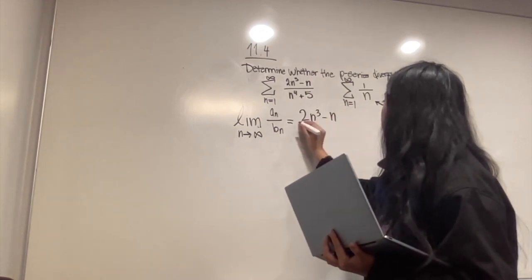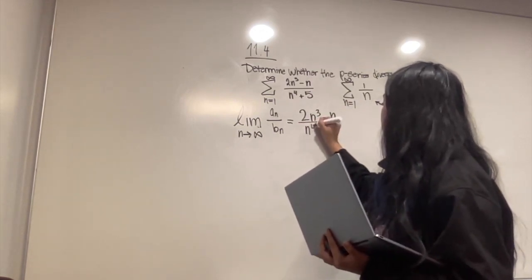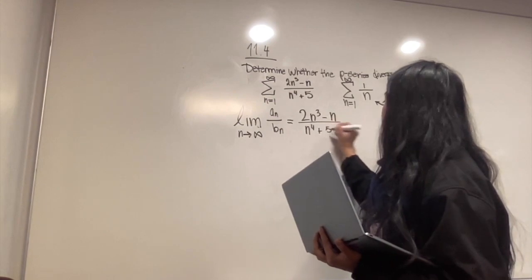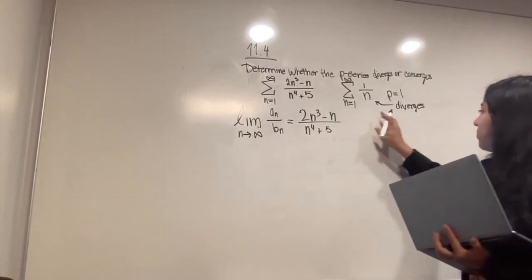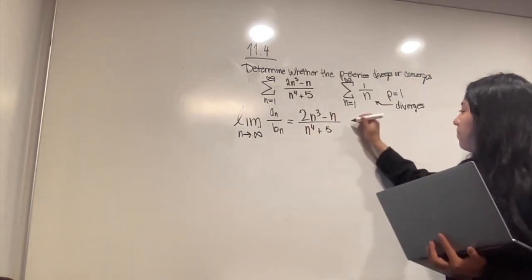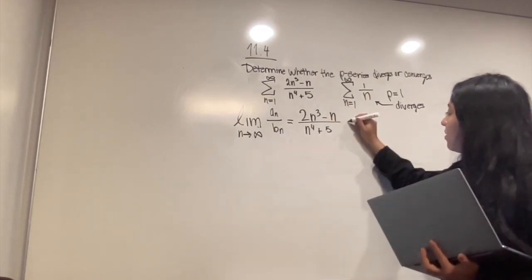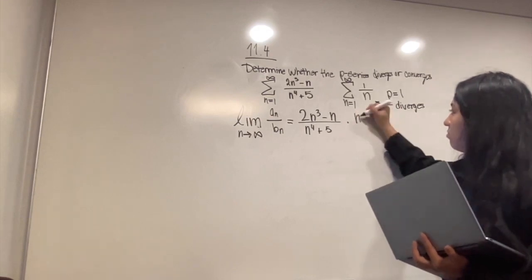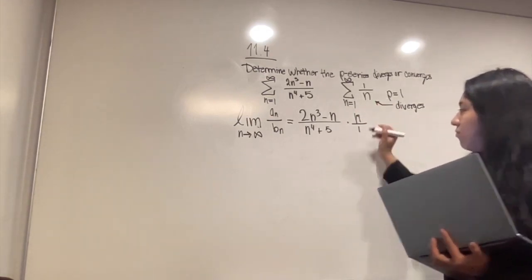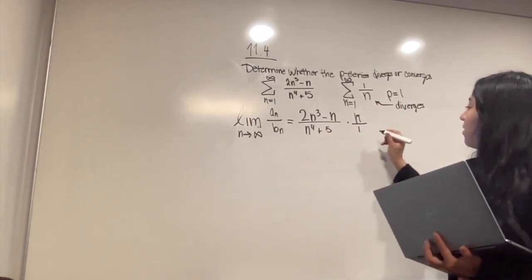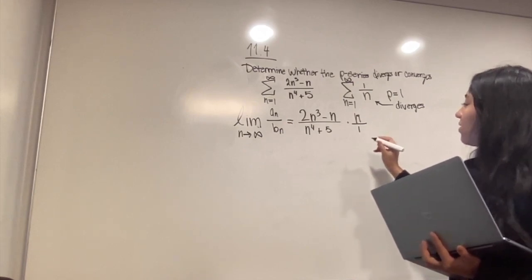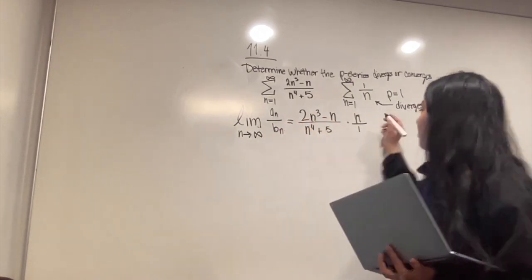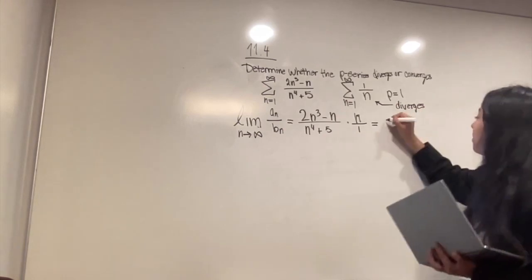Minus n and 4 plus 5, divided by b sub n. I'm just going to write it like this. I forgot to write the little limit here, but it's okay, we're going to rewrite it anyway.